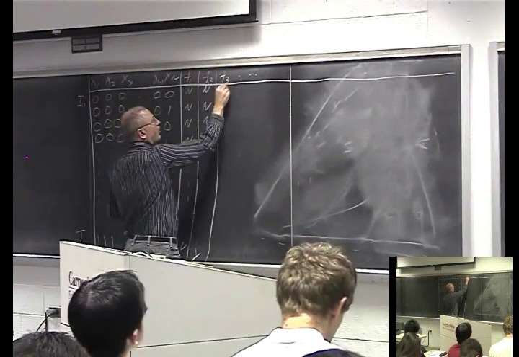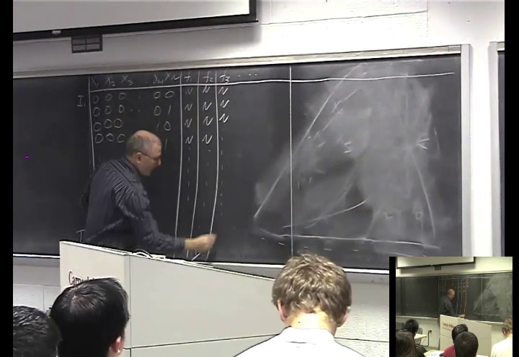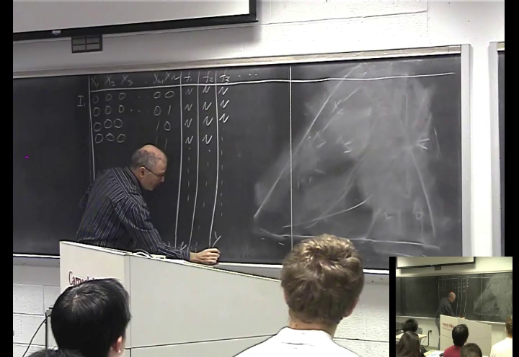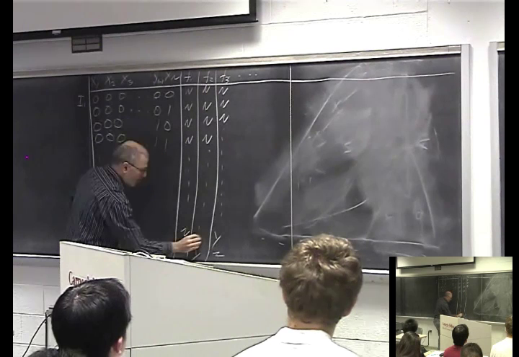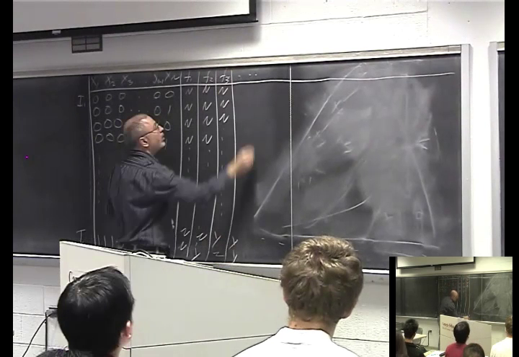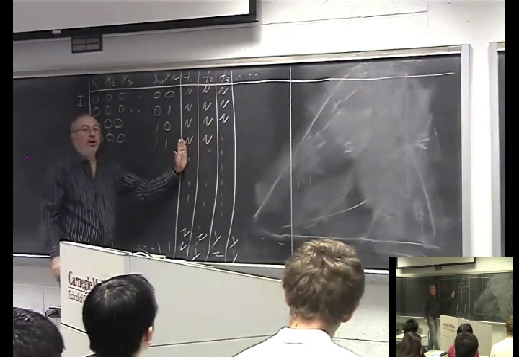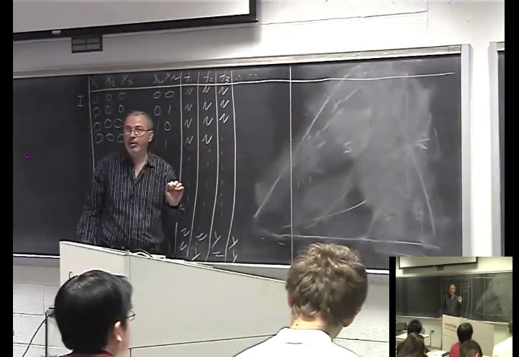And then f3 would be no, no, no. Again, it's a binary numbering, and there would be a yes, no here. And here there would be a yes, yes. So I'm enumerating all possible functions.